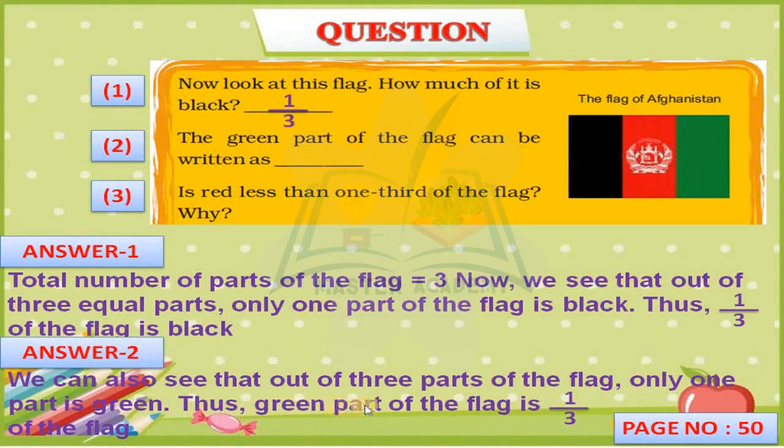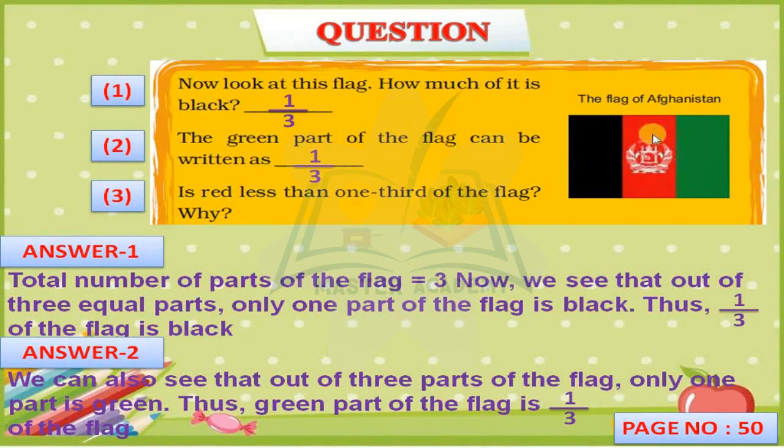Thus, the green part of the flag is 1/3 of the flag. The answer is also 1/3. Clear?